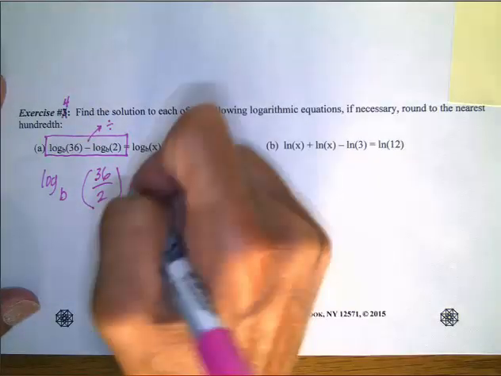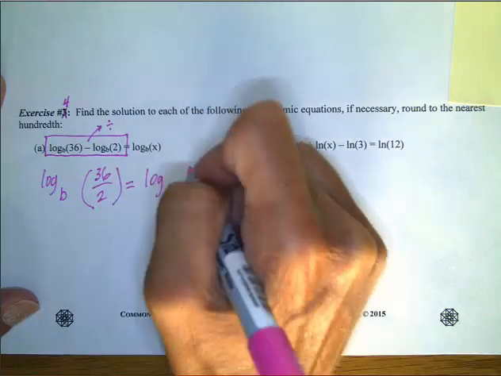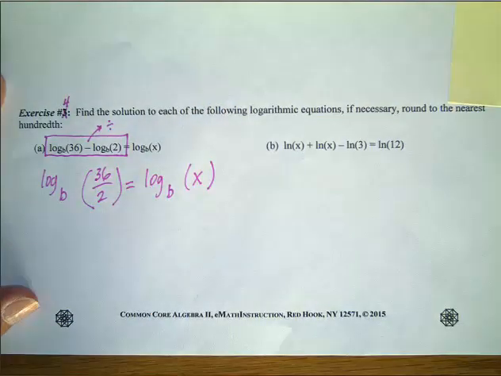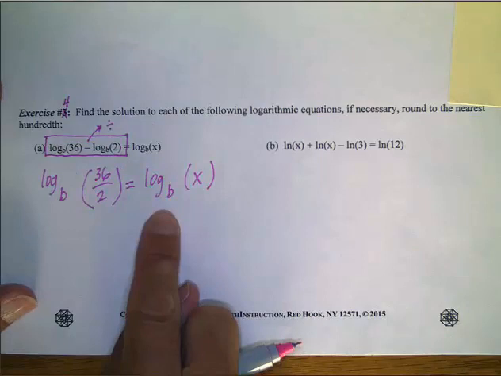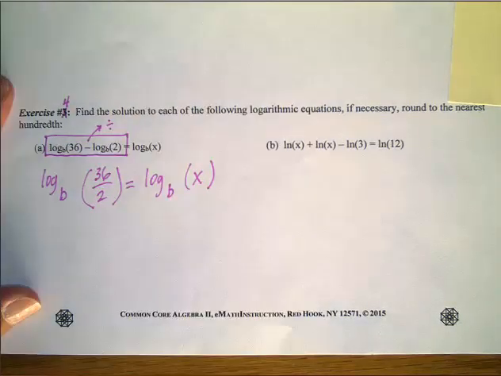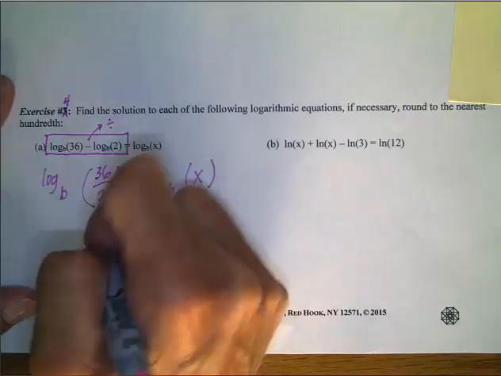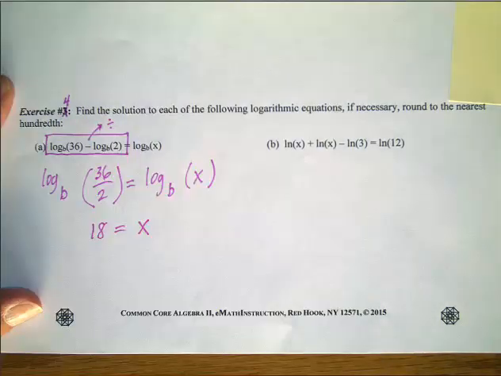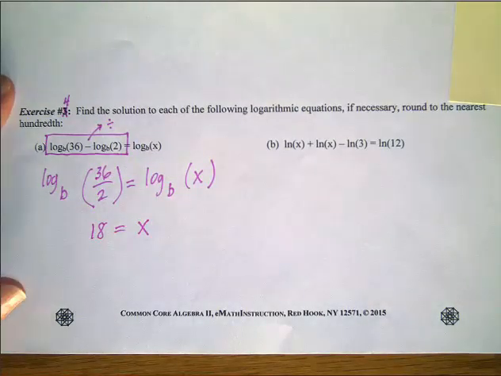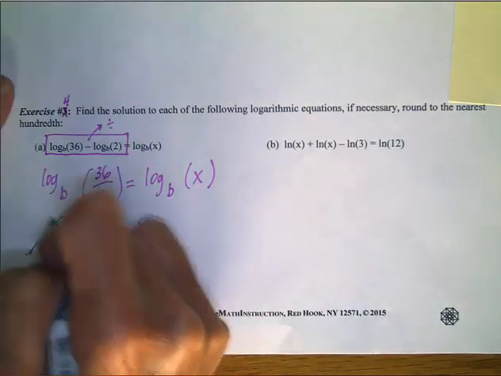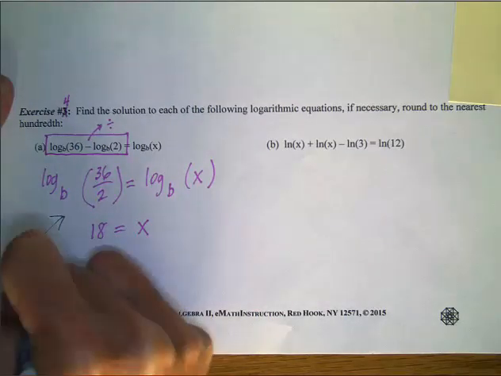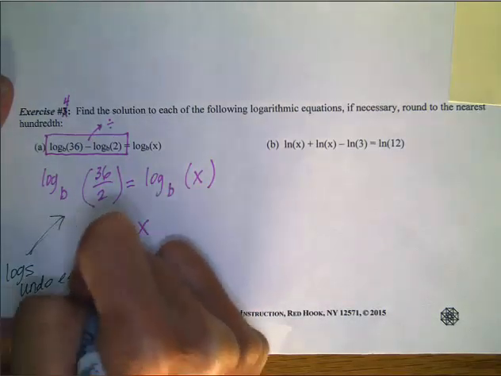And it equals log base b of x. Well, if they both have log base b on each side, guess what? The log base b's undo each other. So don't cross them off. Just know that it's called anti-log. You're anti-logging. So 36 divided by 2 is 18, and that equals x. So you may want to write yourself a note that right here, logs undo each other.